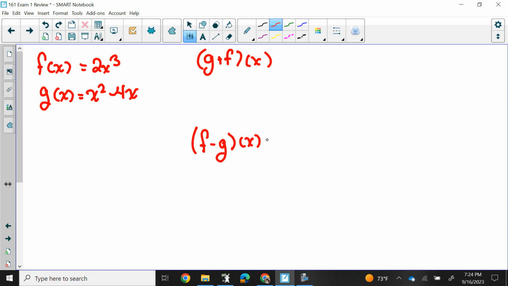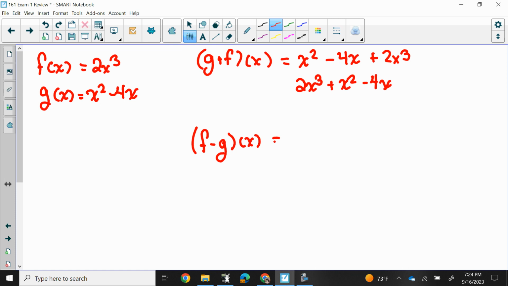So g plus f of x would just be x squared minus 4x plus 2x to the third. And then the proper way to write that would be in standard form, which is 2x to the third plus x squared minus 4x. Now when you subtract, be careful.